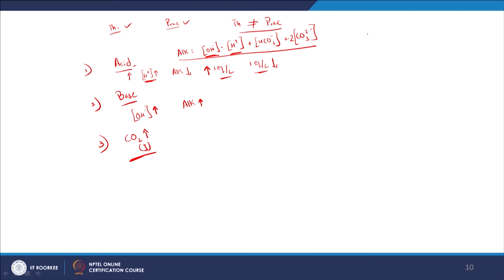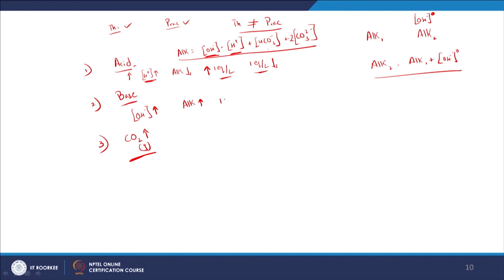But if I am just comparing alkalinity 1 and alkalinity 2, and the only difference between 2 and 1 is that here I added some known concentration of base, then the alkalinity of 2 is going to be equal to alkalinity of 1 plus this OH minus naught that I added to this particular solution.